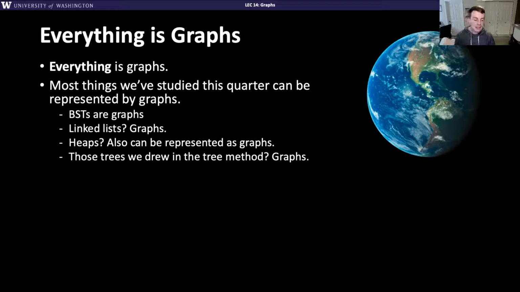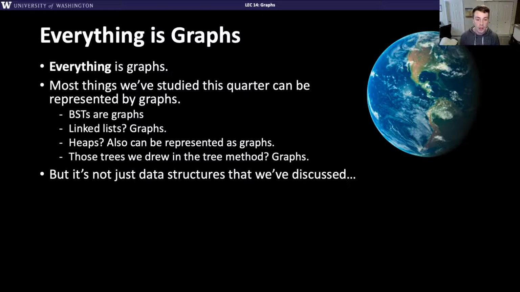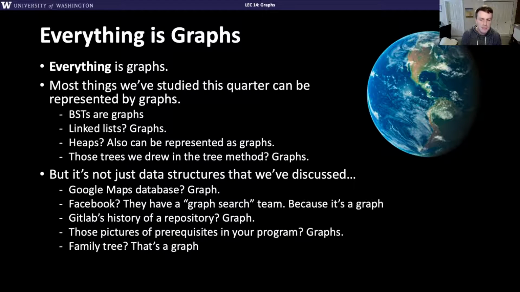Now, it's not just things that we've talked about this quarter, but most applications you can think of involve graphs somehow. If you think about Google Maps, it has some kind of notion of locations like buildings, and it has information about paths from one building to another.